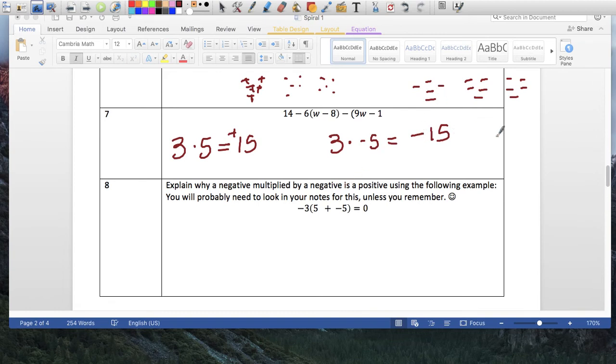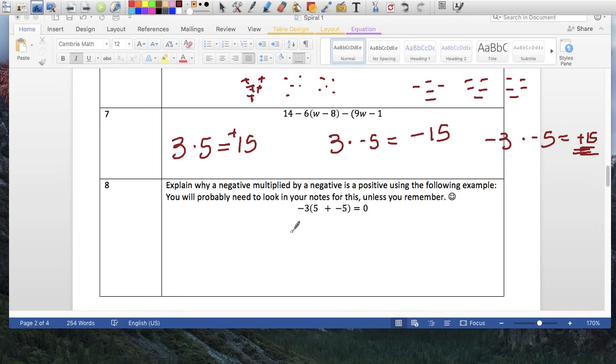Now, we have to explain why negative 3 times negative 5 equals positive 15. How is it that we can explain that? One of the ways we can explain that is to use the distributive property. So let's think about this for a second. What we have here is negative 3 times parentheses 5 plus negative 5 equals 0.